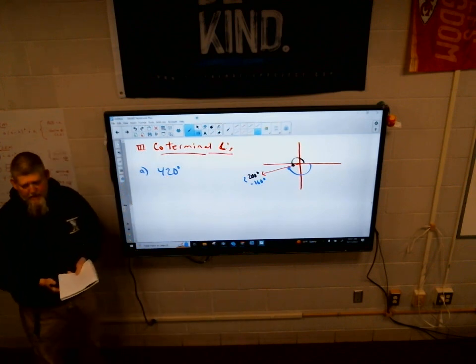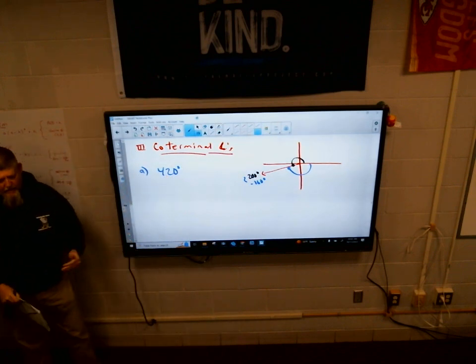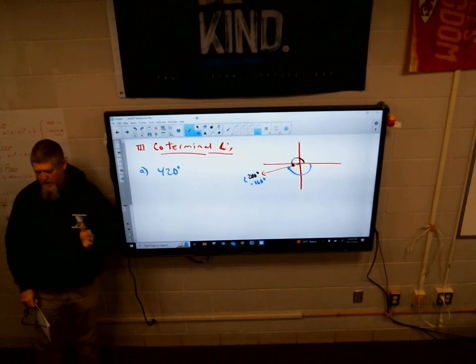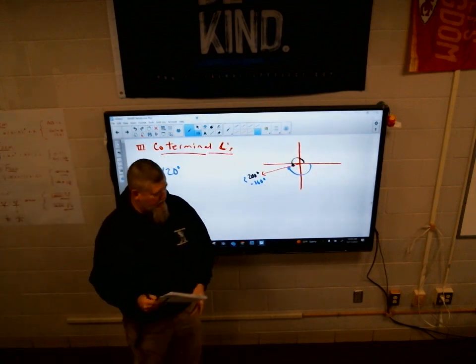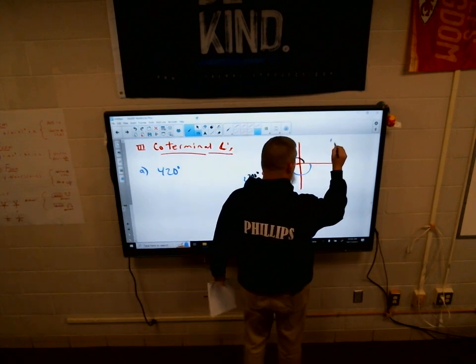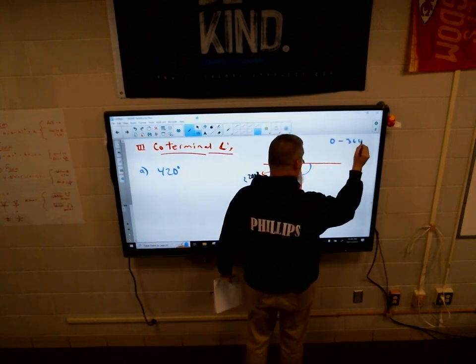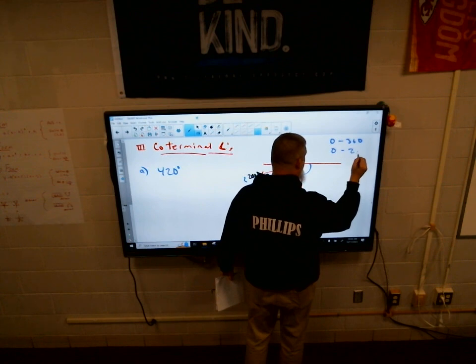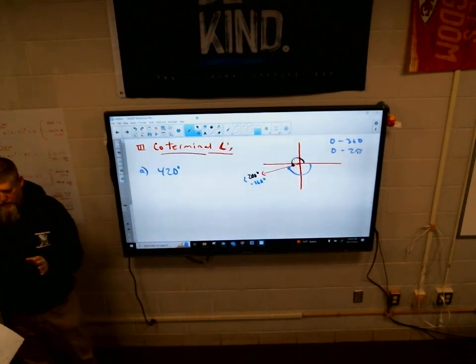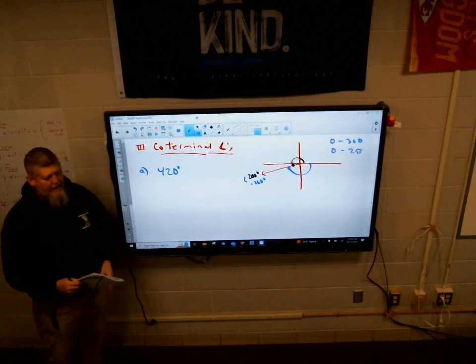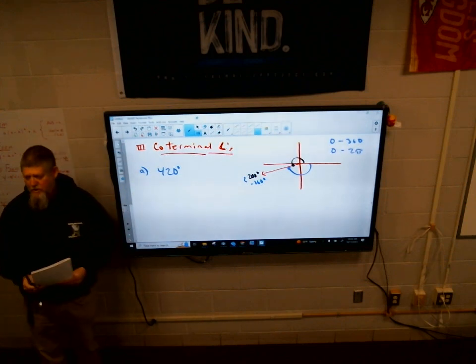Typically, we don't like to deal with angles that are bigger than 360 or less than 0. We want everything between 0 and 360, or if we're talking radians, between 0 and 2 pi. So the answer might say, put your answer between 0 and 360 or 0 and 2 pi. So how would I convert this and find its coterminal?